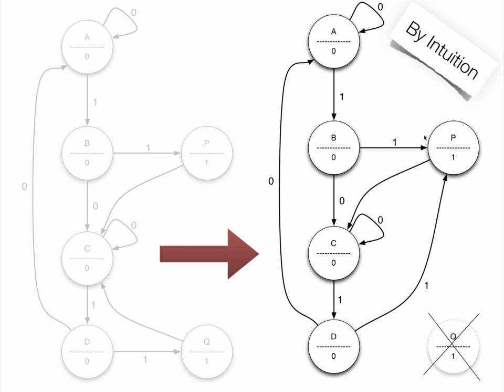Okay, so that's the simplest case. Because P and Q have the same outputs and are guaranteed to end up in the same place in the next state, they do the same thing, we can get rid of one of them. So that's by inspection. That's fine.